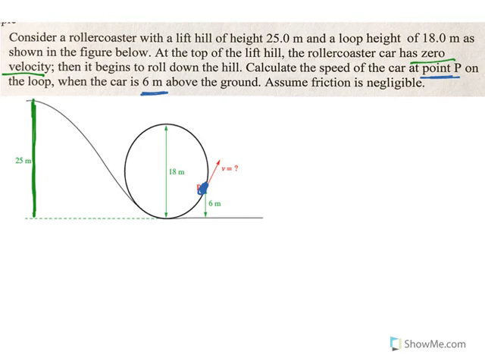Alright, there's a few different ways that we could do this. One of those ways is what I would do. When we're up here, we have a certain amount of gravitational potential energy, which is m g h.